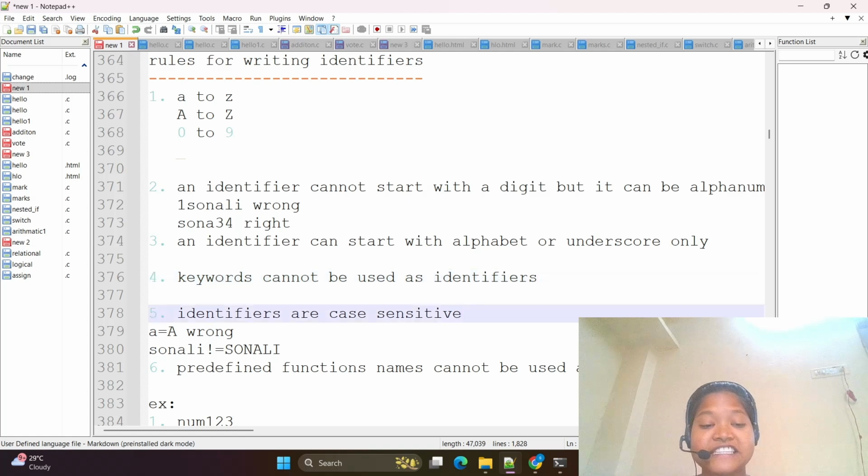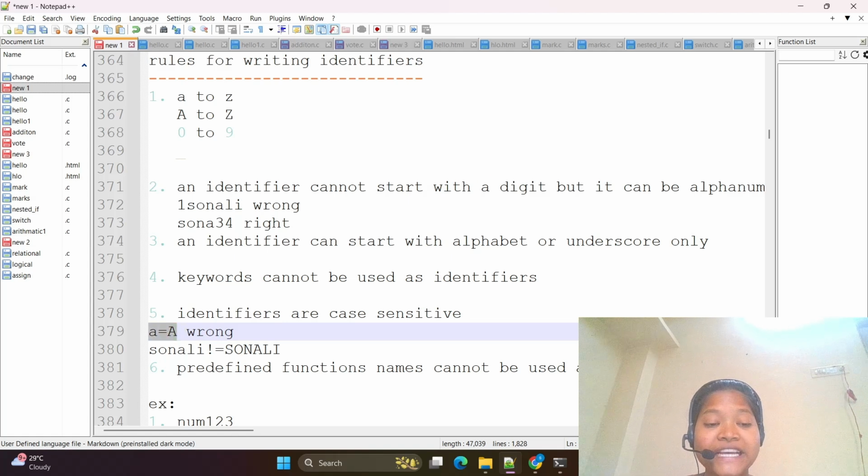Identifiers are case sensitive. What does case sensitive mean? The small letter is called lowercase and the capital letter is called uppercase. Here uppercase and lowercase are considered differently. We can't consider Sonali and this Sonali as equal.